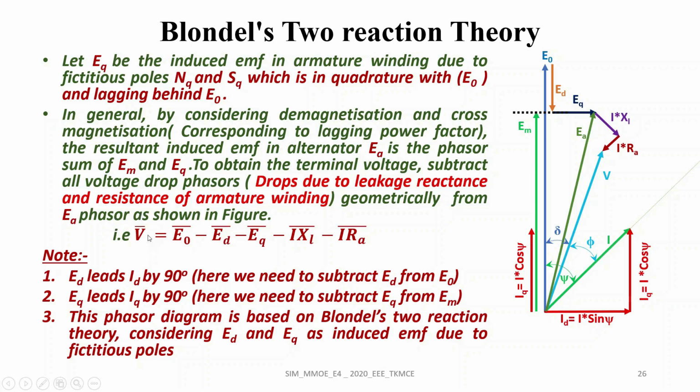So we can conclude that terminal voltage is the vector difference between E0 minus ED and EQ phasor minus I XL drop minus I into RA phasor. So this is the phasor diagram of a salient pole alternator considering EQ and ED as the induced EMF due to a set of fictitious poles.